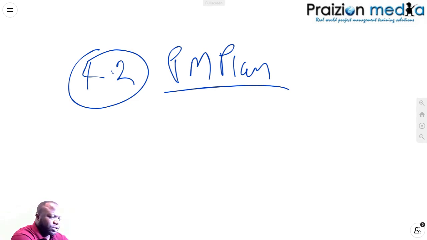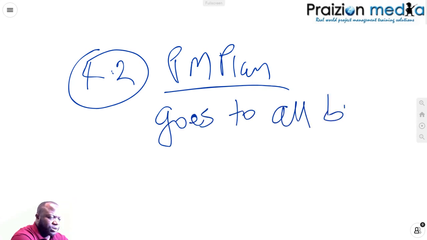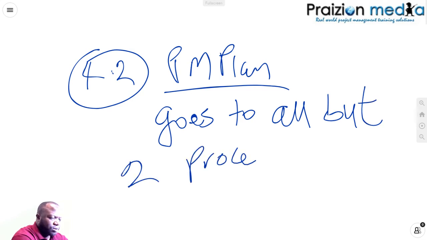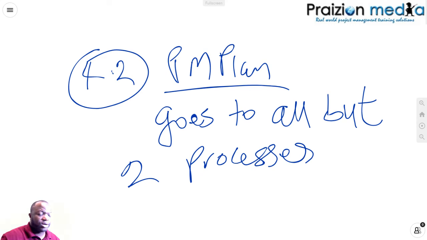This is something to take note of. It goes to all but 2 processes. That was not the case in the 5th edition. In the 6th edition, the project management plan goes everywhere except back into itself and into develop project charter. But everywhere else, even identify stakeholders, the project management plan goes there.